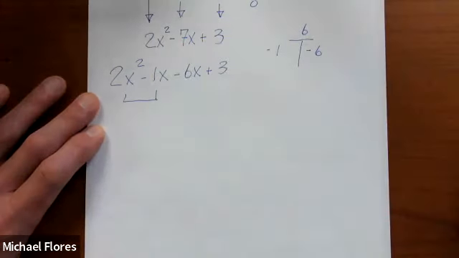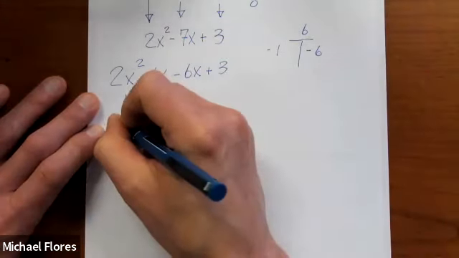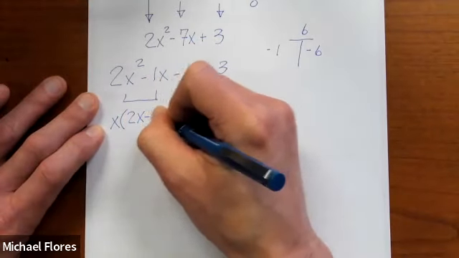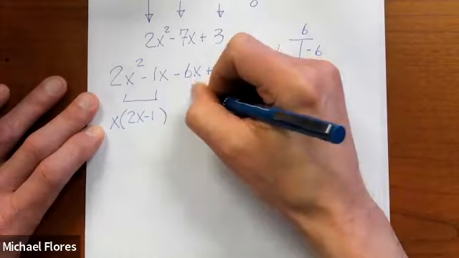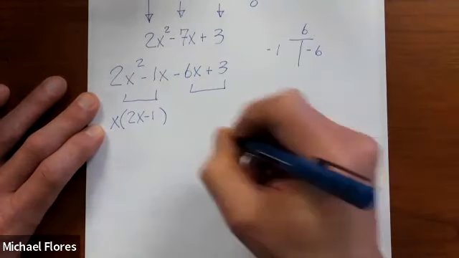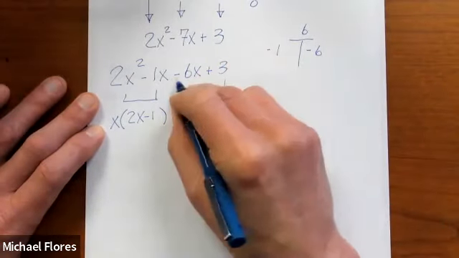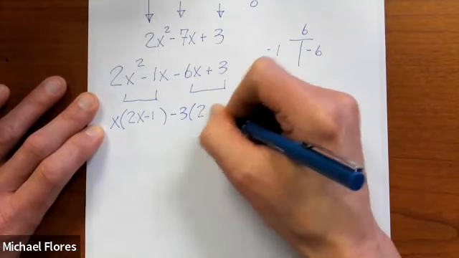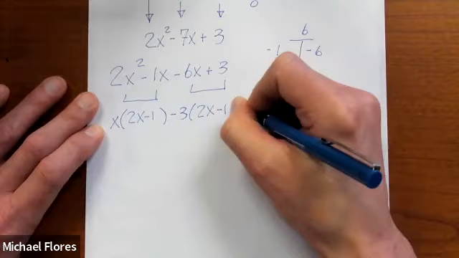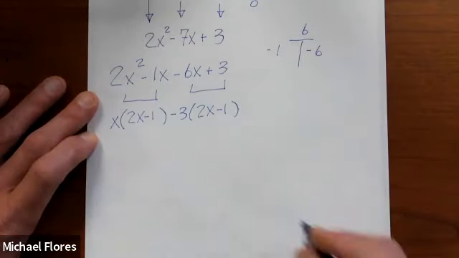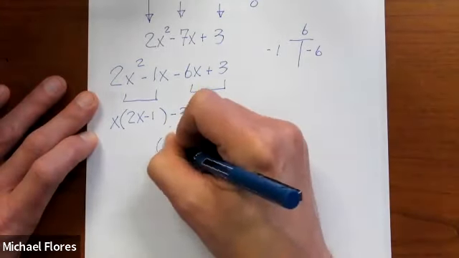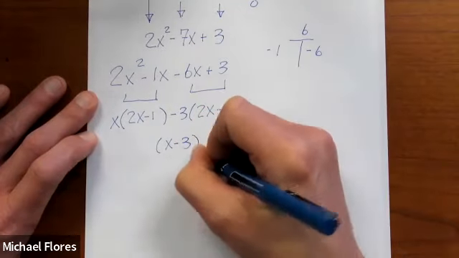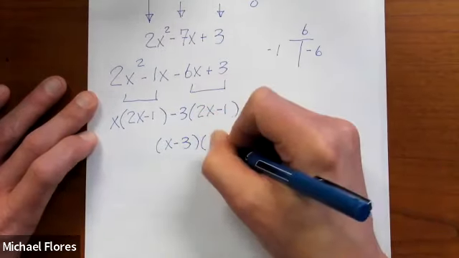Okay, out of this group, looks like we could factor out an x, and that would leave us with 2x minus 1. Out of this group, looks like we could factor out a -3, which would leave us with 2x minus 1 again. Let's combine our outside terms, x minus 3, and one set of the matching parentheses.